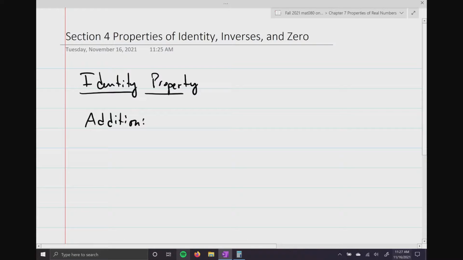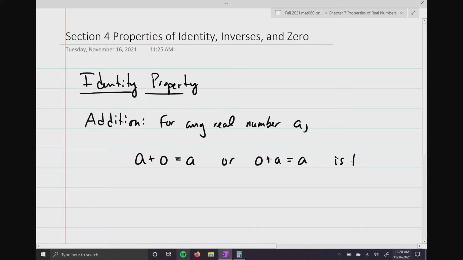So the identity property of addition just says for any real number, let's call it the letter A, A plus 0 equals A, or 0 plus A equals A is the identity. In other words, just add 0 and you get the same exact number back.